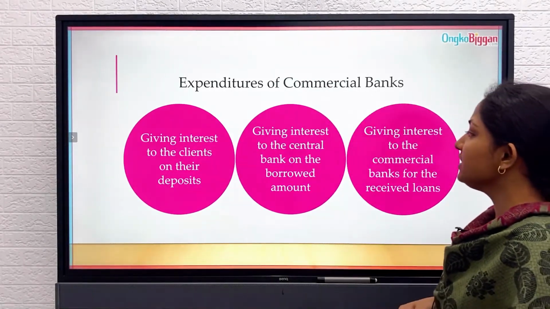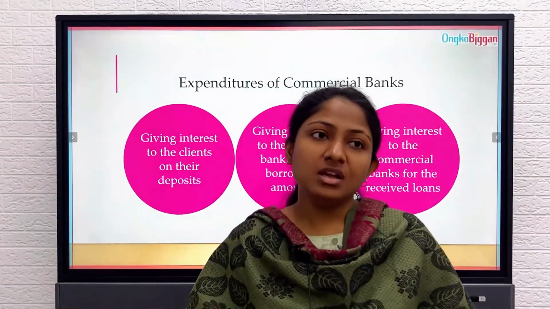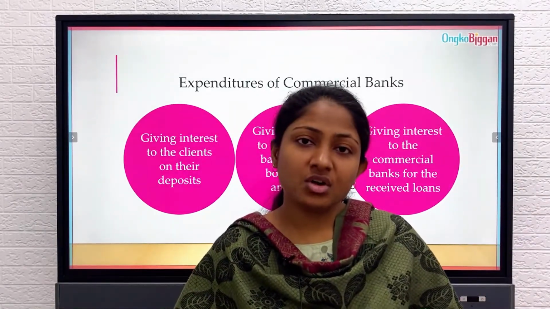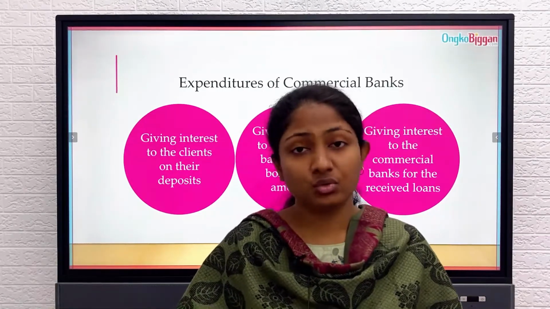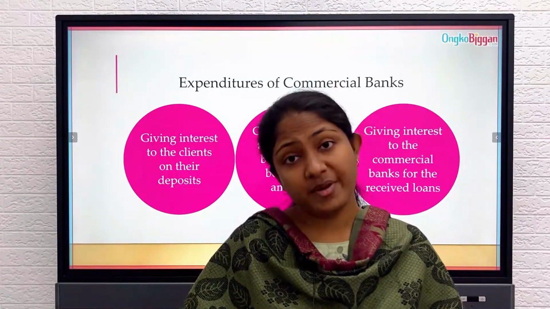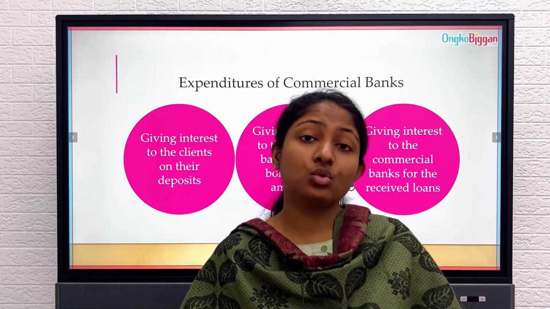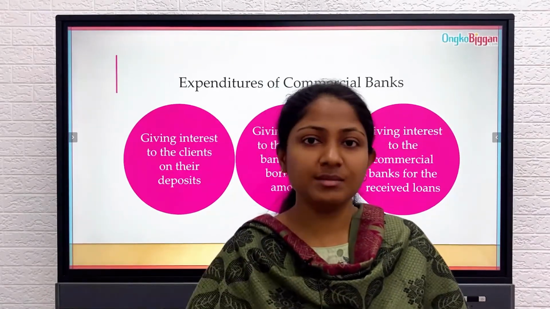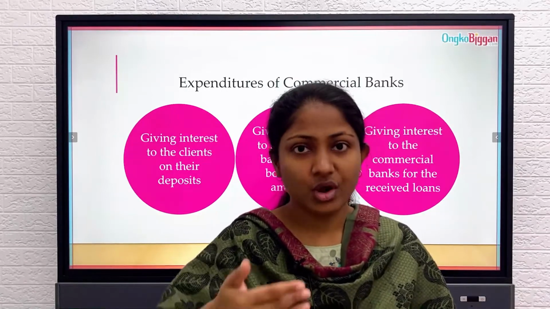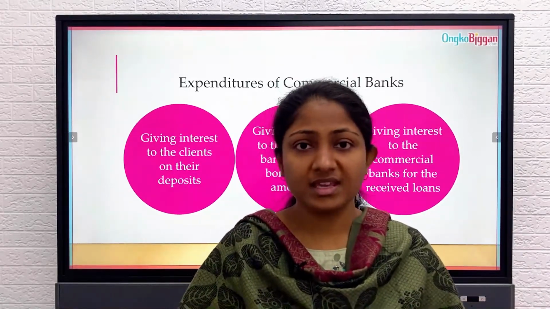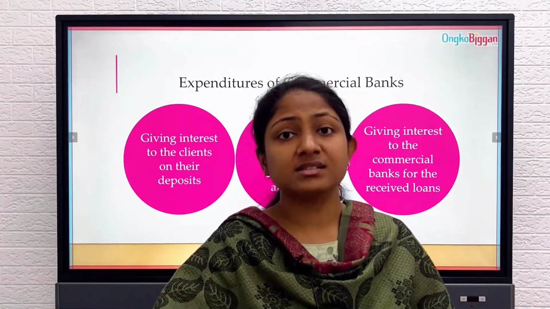Another one is giving interest to the central bank on the borrowed money. We know individuals or any clients, if they want to take a loan, they will go to the bank. So if commercial banks want to take a loan, to whom will they go? They will go to the central bank. So the system is saying, if I want to take a loan from any sort of bank, I have to give extra money, which will be called what?